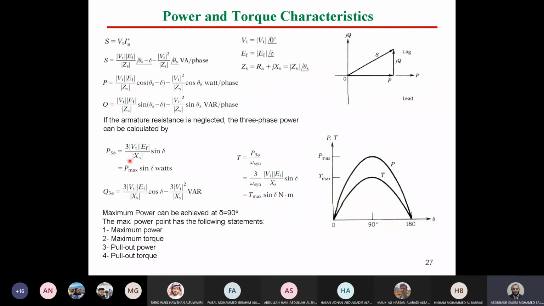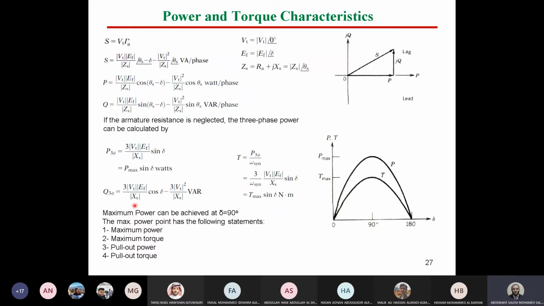So if we substitute in these two equations, for three phase we will find that the power equals 3 V terminal EF over XS sine delta, which is P max sine delta. So this is the value of maximum power, 3 V terminal phase EF phase over XS.